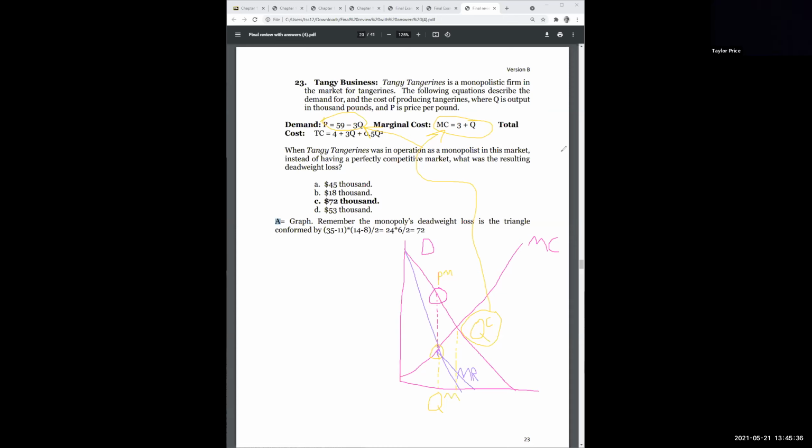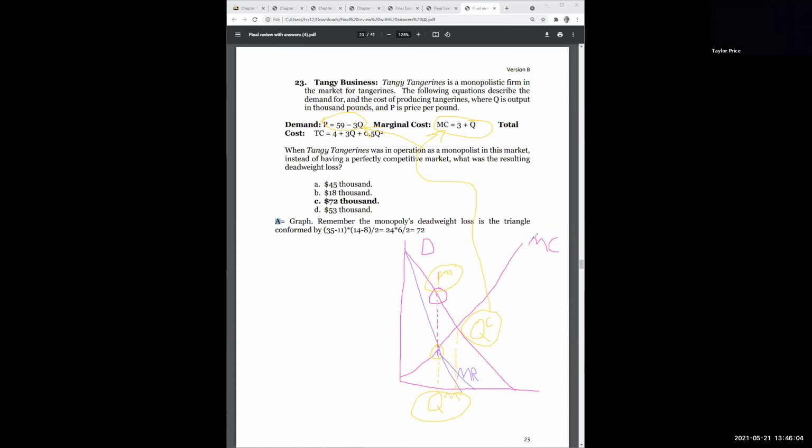Yeah, let me see for this one. CV demand, marginal cost, total cost. And okay, so this one they're giving you the price and quantity, so they're giving you this price for demand and this quantity for the monopoly.